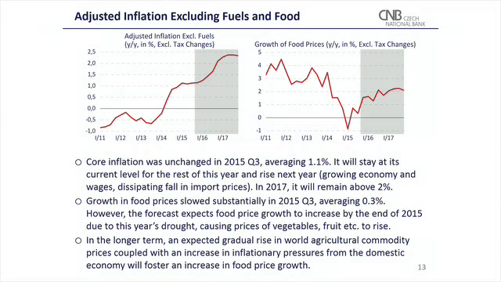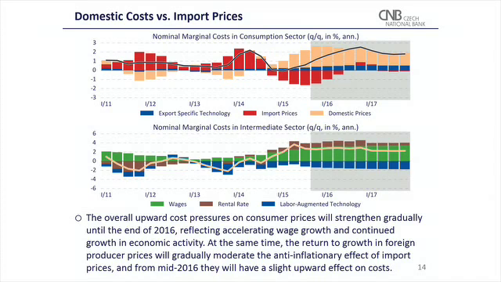This is the analytical decomposition of the inflationary factors from our core forecasting model G3. And the upper chart shows that according to our assessment, the domestic economy has already started to exercise some upward impact on the domestic cost and subsequently the consumer price level.